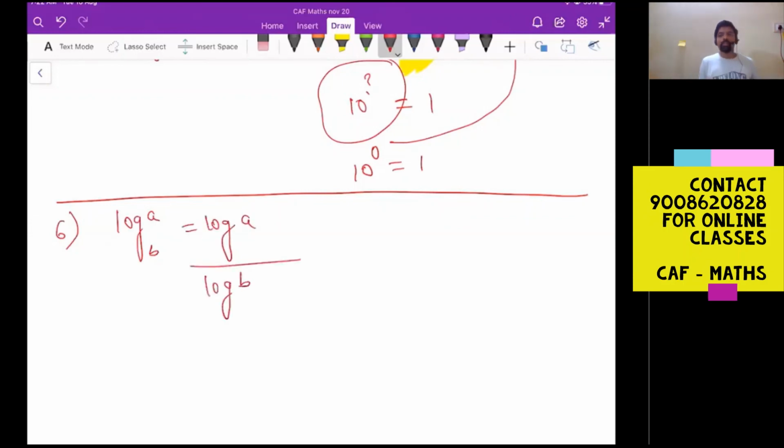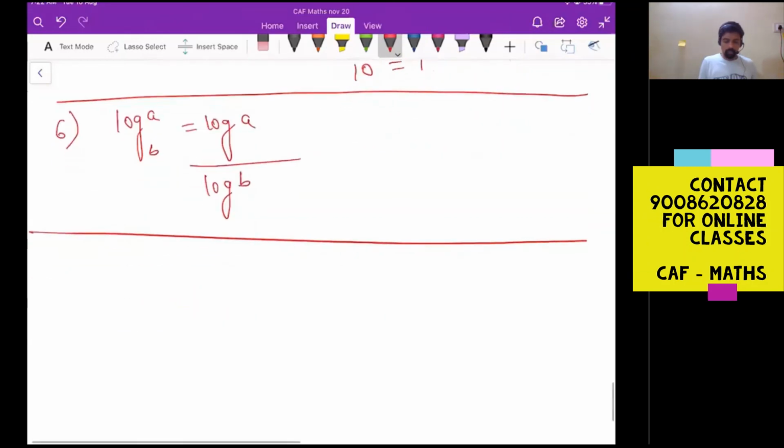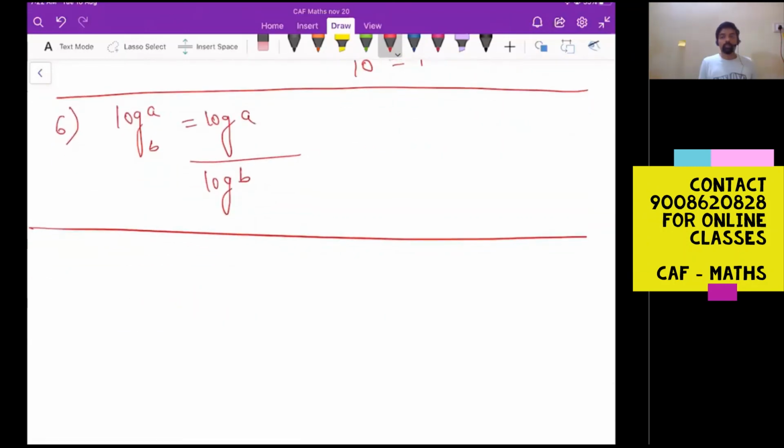This is the change of base rule. So this is the sixth property.